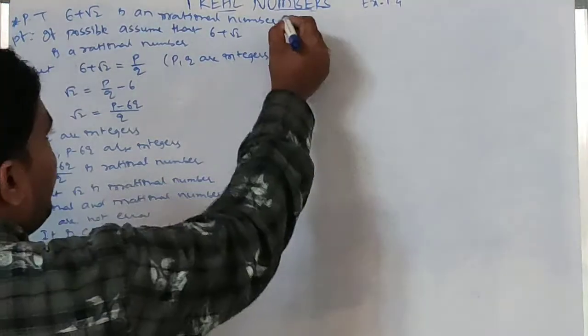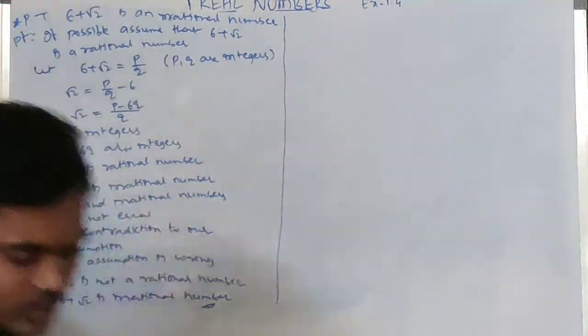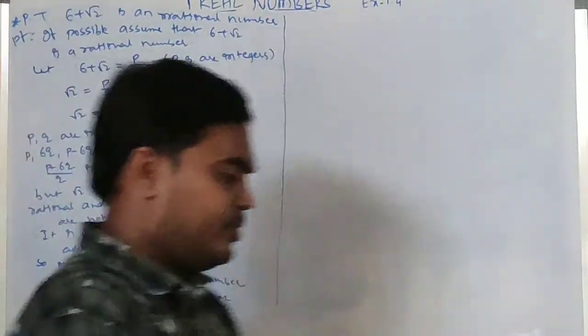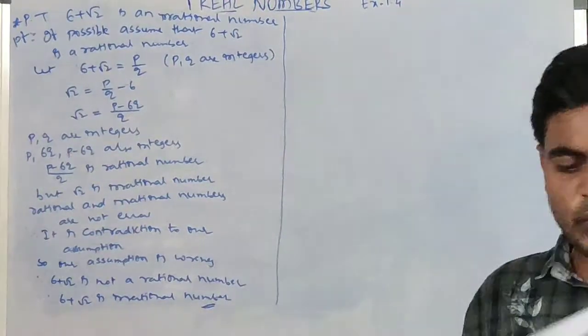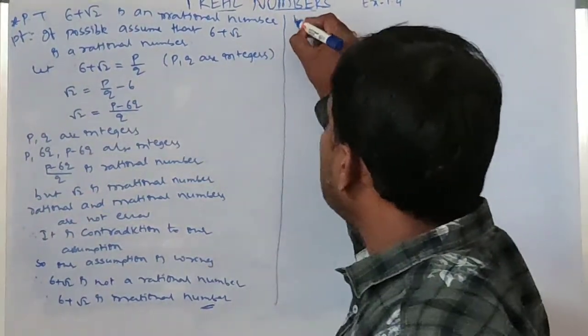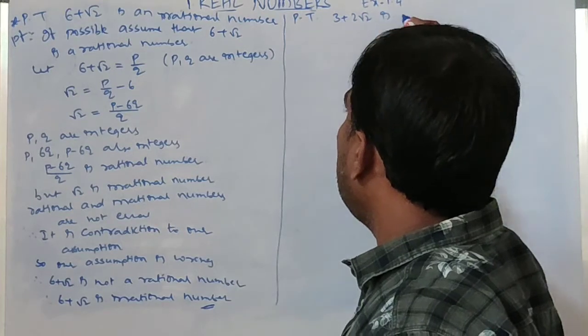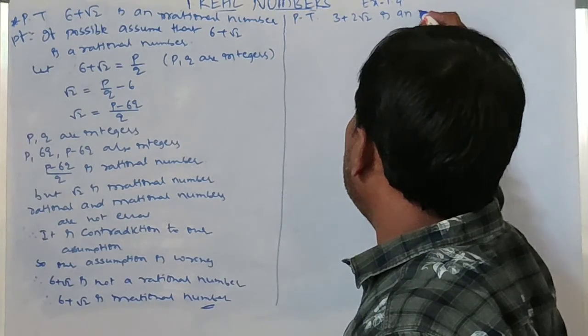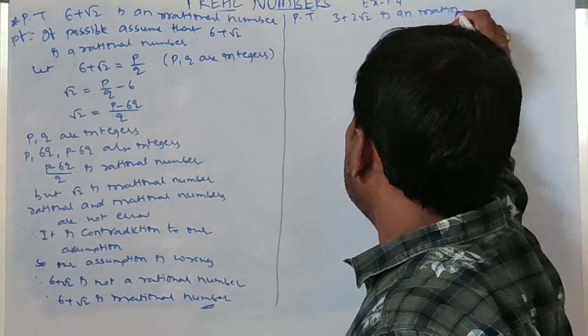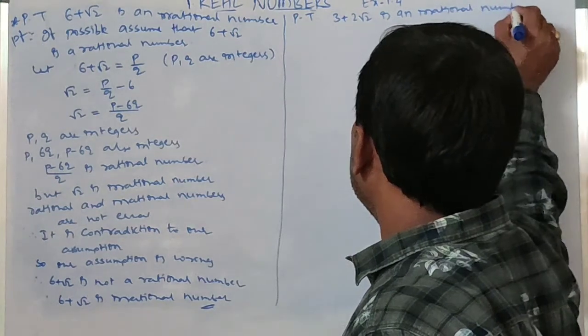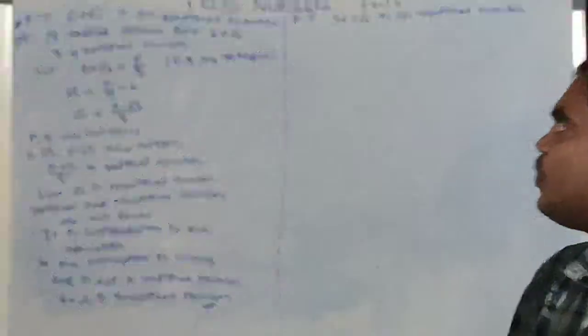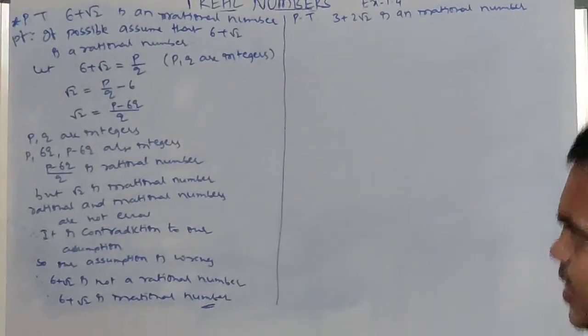Okay, now another question: prove that 3 plus 2 root 5 is an irrational number. So now we need to prove 3 plus 2 root 2 is an irrational number.